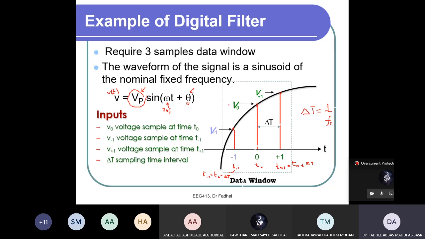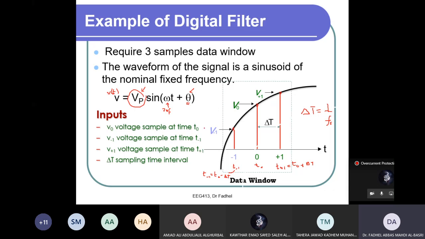So I call this value of v of t at t naught, v naught, and the sample value at t plus 1, I call it v plus. So v plus here represents the v at time t naught plus delta t, okay? And similarly for t minus 1, at time t minus 1.